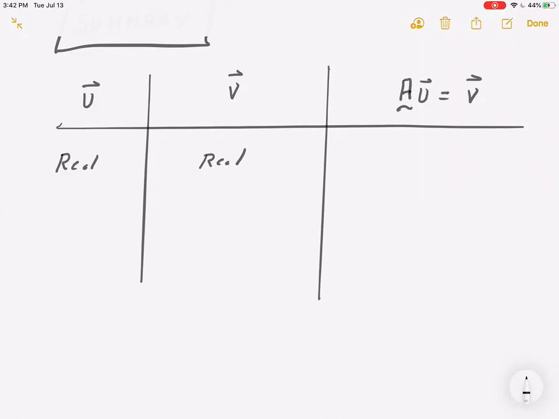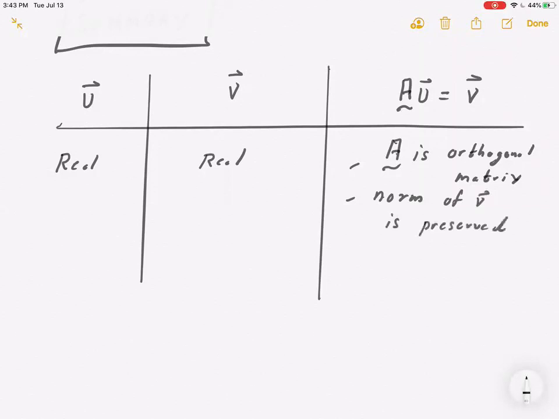So if A is an orthogonal matrix, then what that means is that the norm of V is preserved.